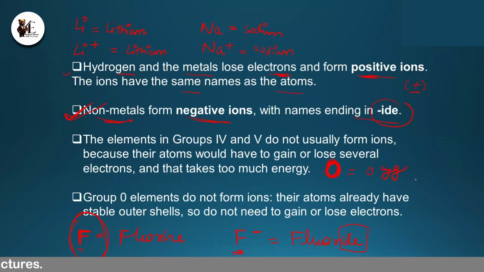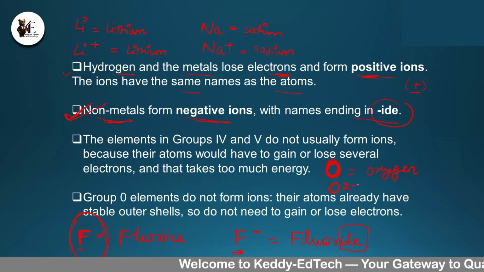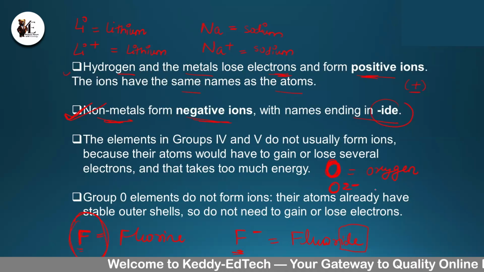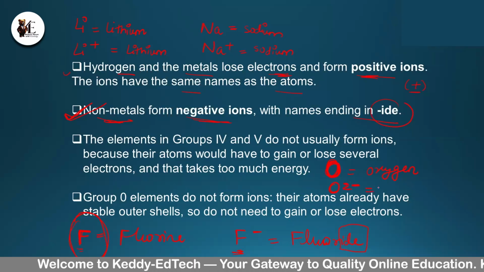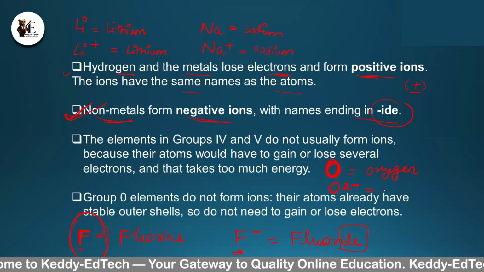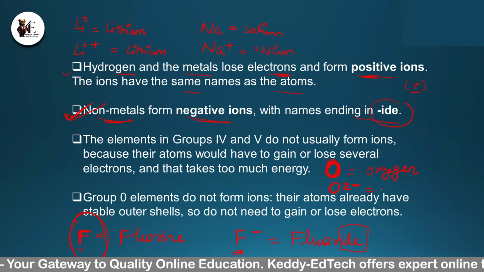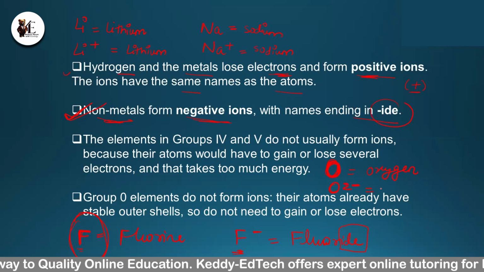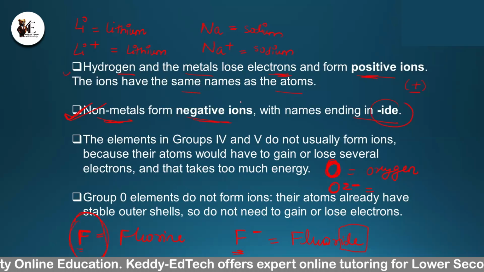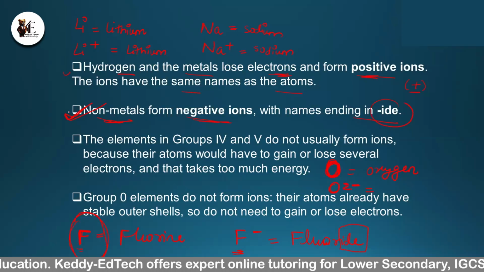Is it a metal or non-metal? Non-metal. It's a gas. So if you write it in the form of an ion, O2 minus, because you know the valency of oxygen is 2, is it oxygen or oxide? Read the second point.